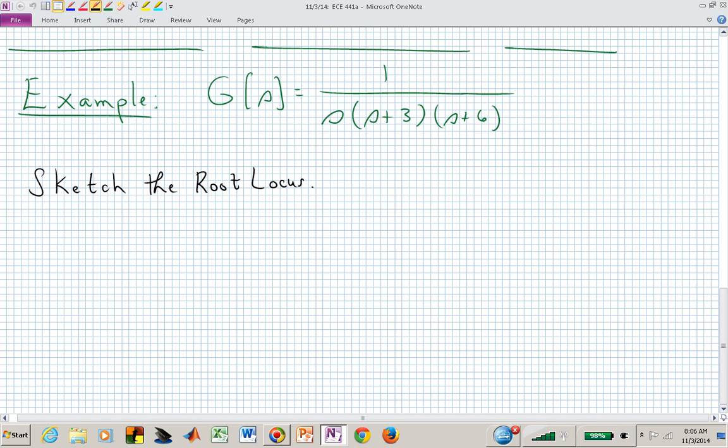We need more time? For those of you that are getting in a little after we started, I'm wanting you to sketch the root locus for this transfer function.